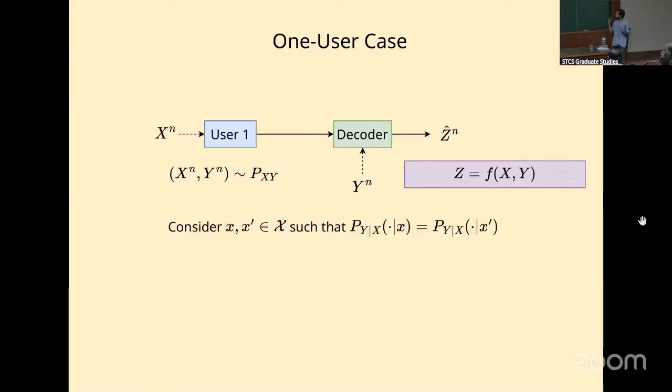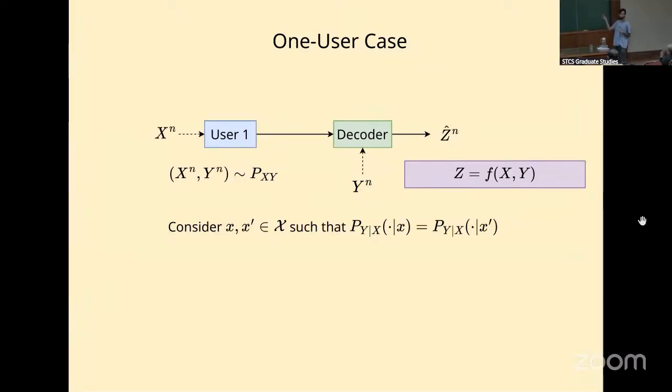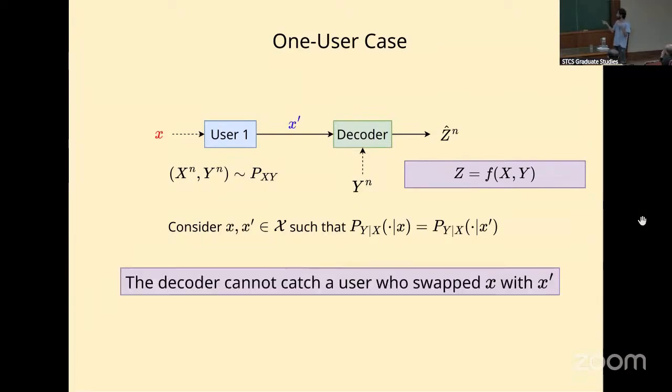So in order to look at this, let us think of this simple experiment where we take two, so X, the script X, is the characters of the input. We think of this simple experiment where little x and little x prime are two different letters in that alphabet, such that the conditional distribution of y given little x is equal to y given little x prime.